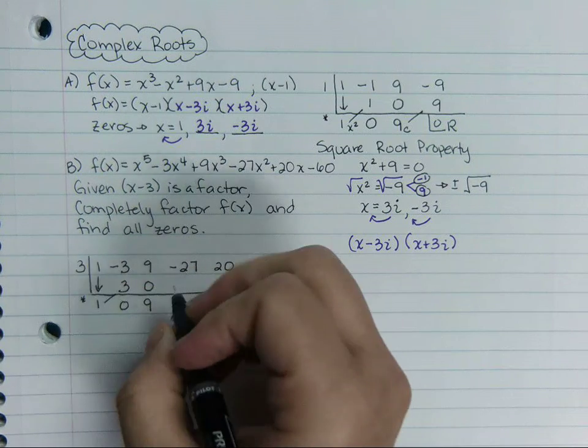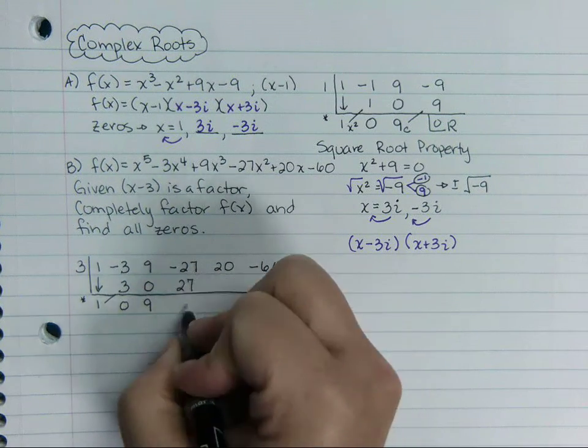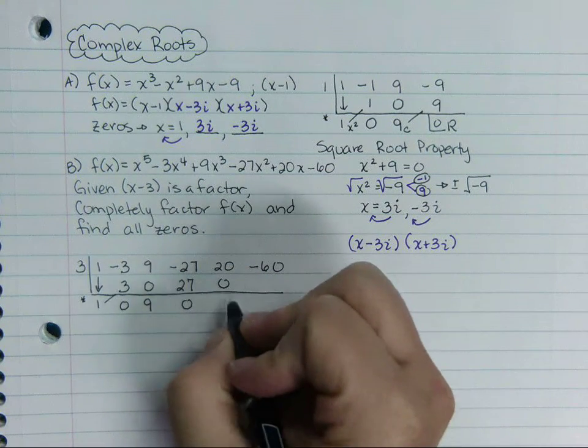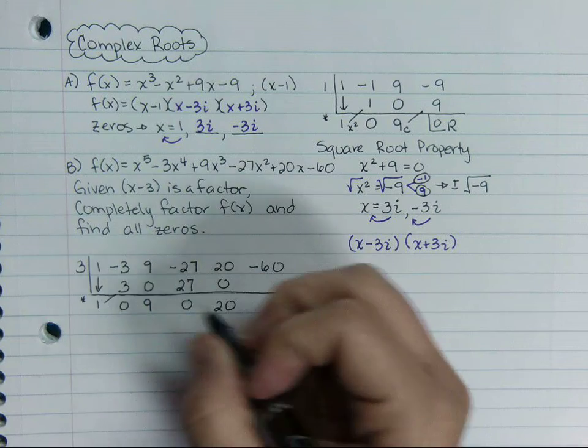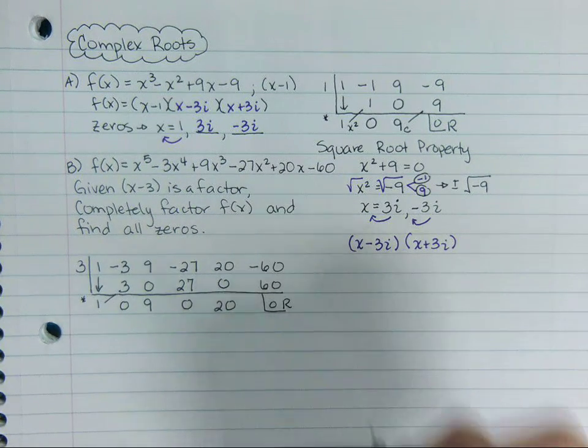So 3 times 9 is 27. And then I'm going to bring this down and get a 0. And so we're going to be missing some terms in between here, but that's okay. Let's just see what we've got.